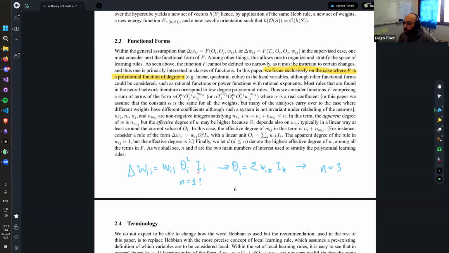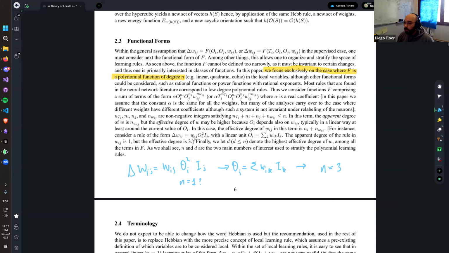So they're talking about the degree of the polynomial that they're willing to consider. The degree would be on the weights specifically, not on the other things. The polynomial is just on the weights. But you asked me this question, I think I said it wrong.